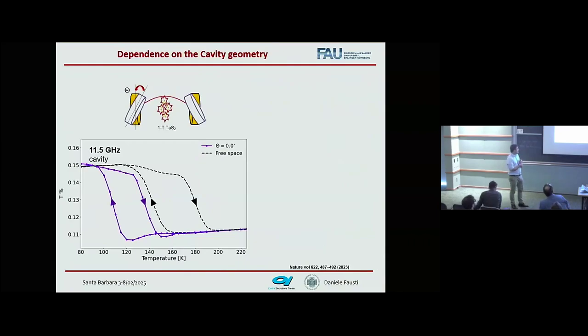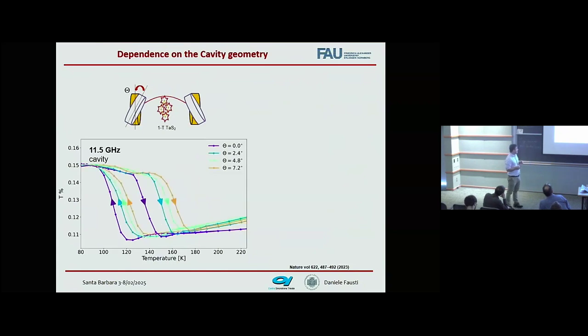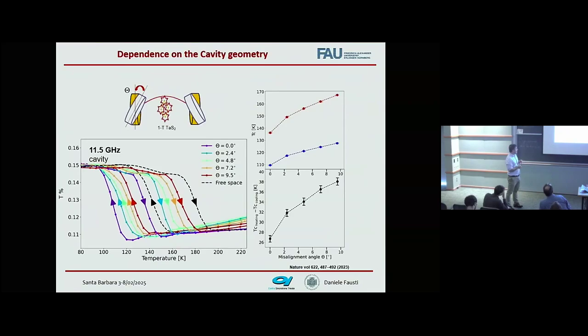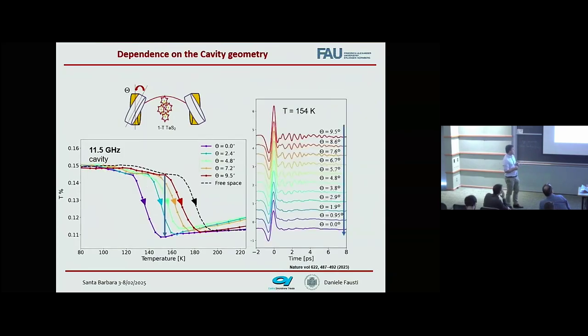We first studied how these hystereses evolve with photonic parameters, such as the cavity alignment, and we see that by misaligning the cavity, I go from the renormalized hysteresis to the hysteresis I observe outside of the cavity. But what's quite striking is that now I can fix the temperature of the system, meaning I fix the temperature of the support of the sample, and at the same temperature, I set the mirrors.